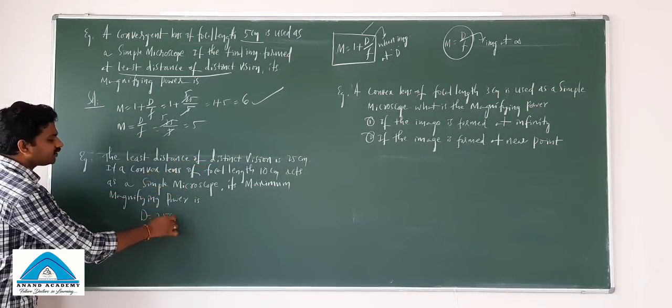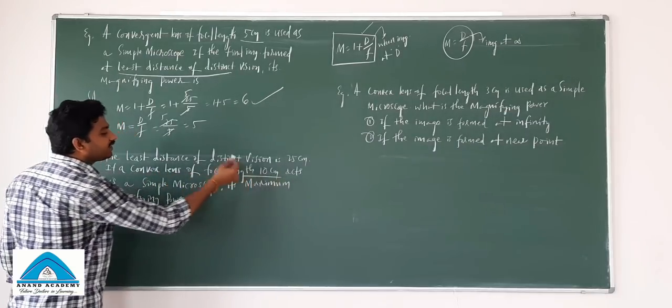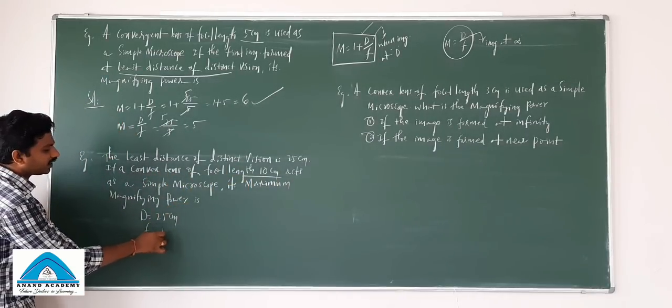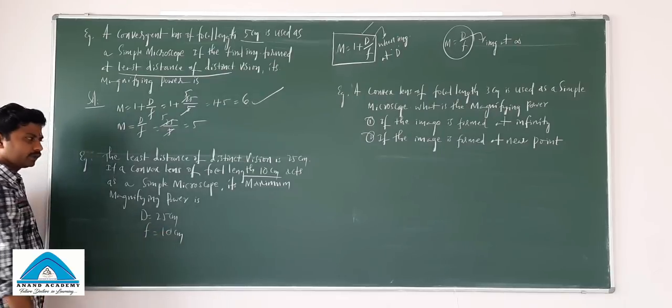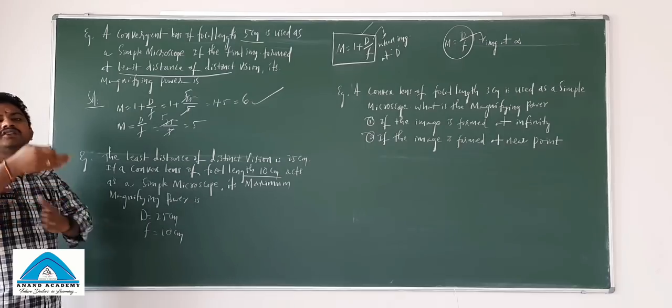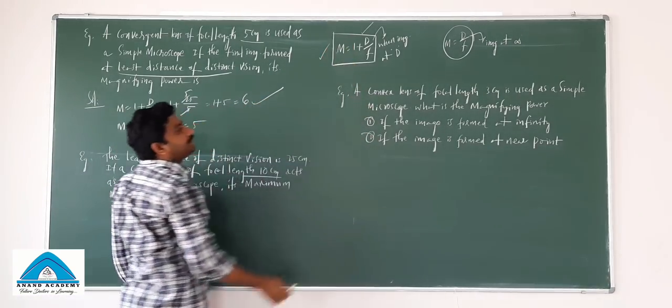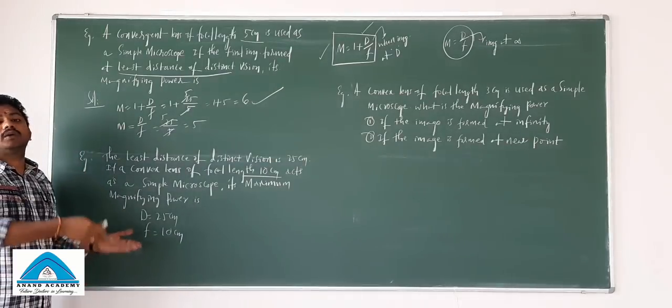Yes, your D value is given as 25 centimeters. If a convex lens of focal length 10 centimeters, find its maximum magnifying power. Maximum magnifying power means the image is formed at D.